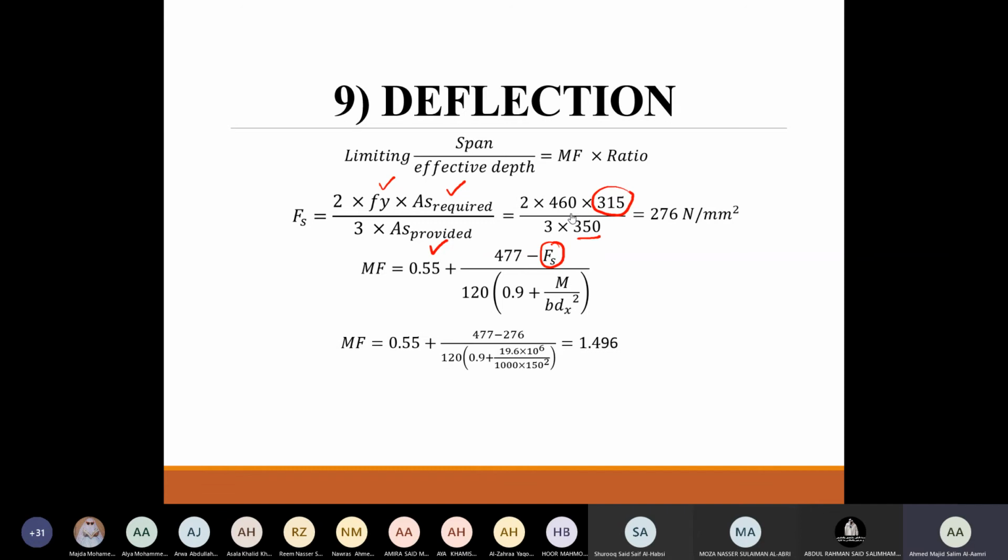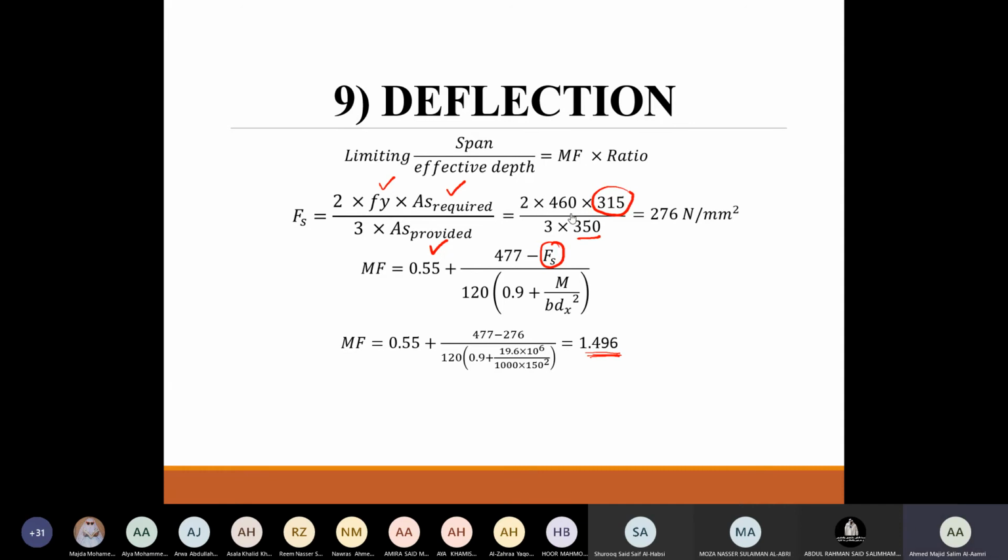So 19.6 was the highest moment. We have used the equation, and finally the answer for the modification factor came to be 1.496.